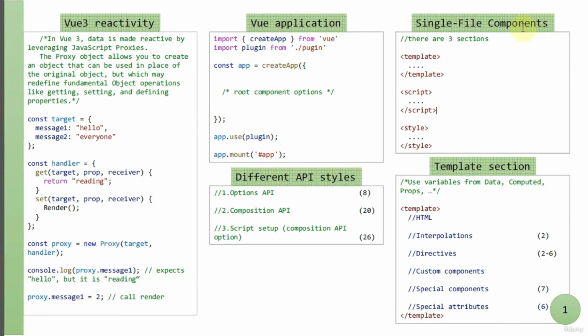In this lesson I start to talk about the script section in the single file components. At this moment you need to know that there are three different API styles: Options API, Composition API, and Script Setup. It is something like Composition API option. And you can use any style inside the script section.